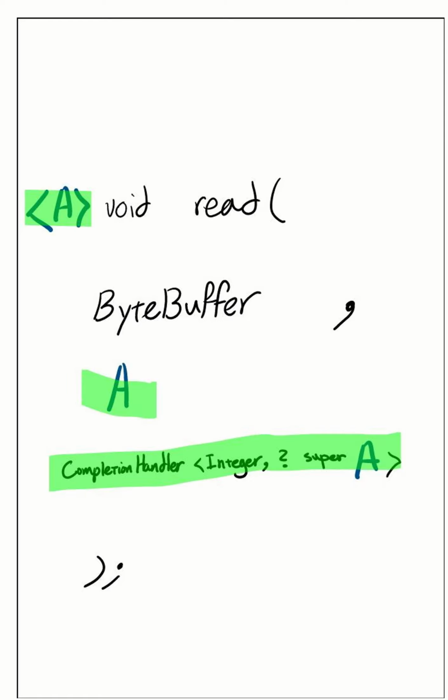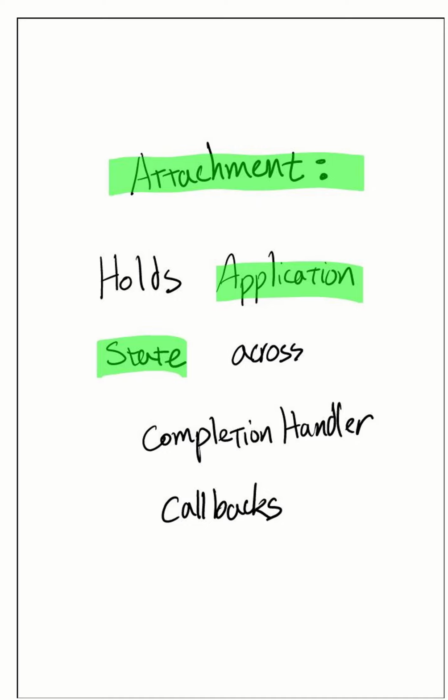But what is the story behind this generic type A? The second argument is expected to be of this very generic type. Moreover, as we look into the third argument, which is the completion handler, it uses a contravariant syntax to introduce a generic type which has a lower bound on the very same generic type A. As you have already guessed, A stands for attachment.